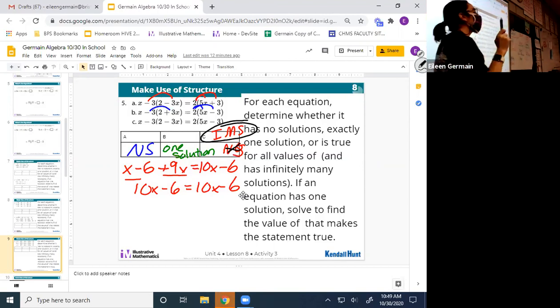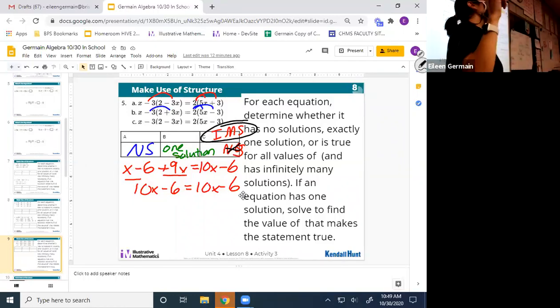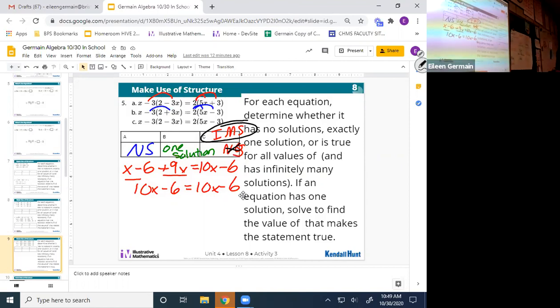What you need to do when you're solving these on the quiz, there is going to be a bunch of these, 5 of these to be exact, where you are going to be asked what kind of solution they are going to have. Please don't just look at it and make a decision. You need to do the distribution out and combine your like terms before you make a decision.